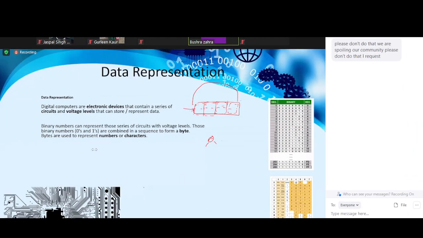Otherwise, if I complain, it's going to be a problem for the rest of the class. So you tell them, and they're going to control it. I think they should have more advanced features to control this.